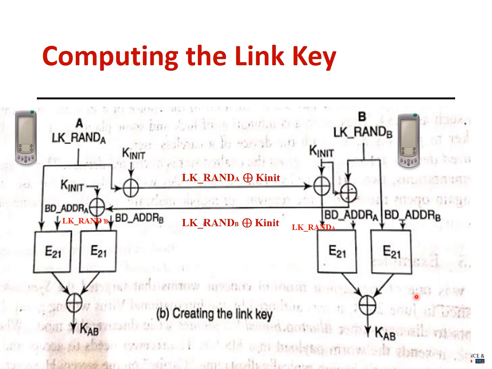Now we will check the calculation of the link key on B's side. For that we'll see the inputs to these blocks. These blocks, or this algorithm, explain the calculation of the link key.